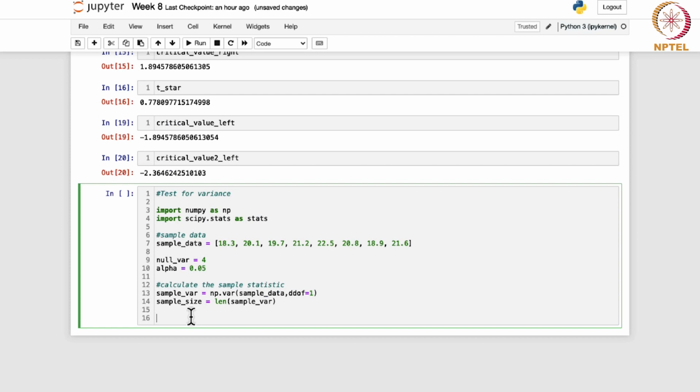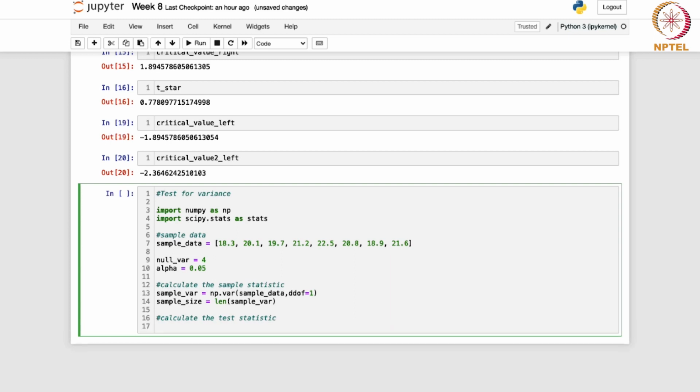Now we will calculate the test statistic. So chi-squared value, let that be, so it is n-1, right? So sample size minus 1 into sample variance.